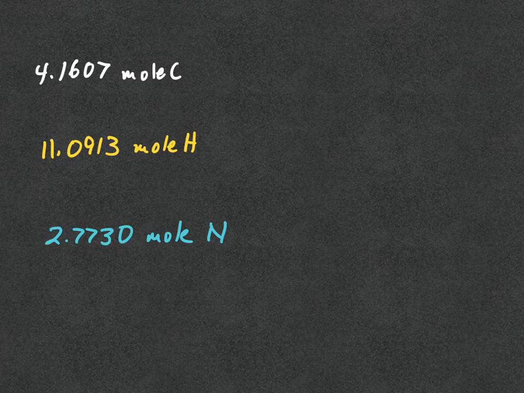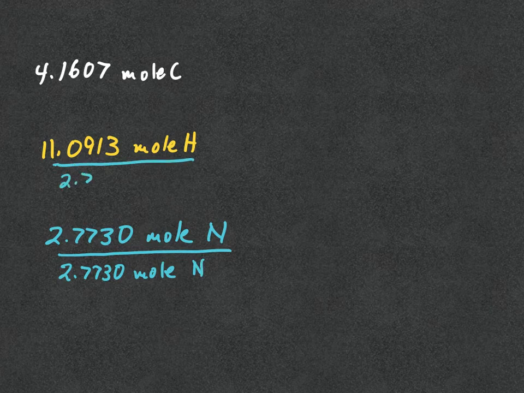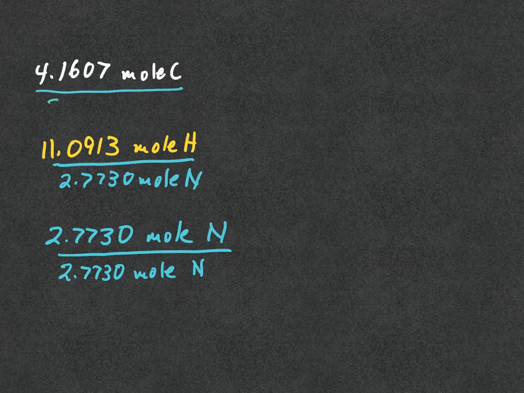So what is easiest then would be to divide everything by the number of moles of nitrogen. Right?